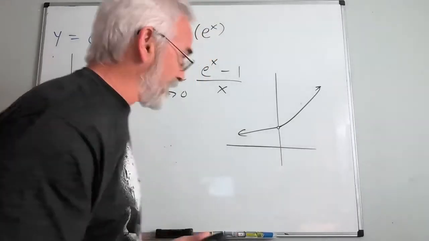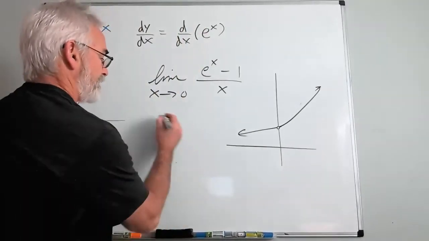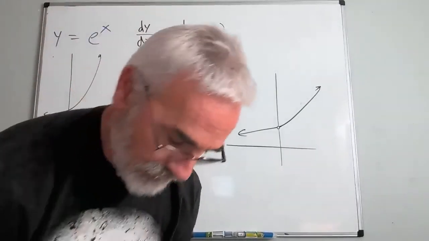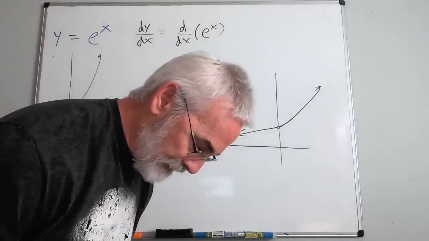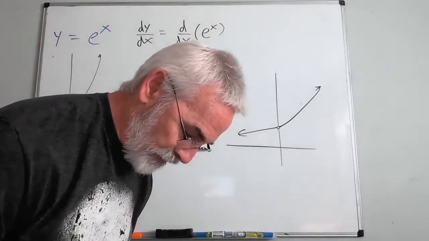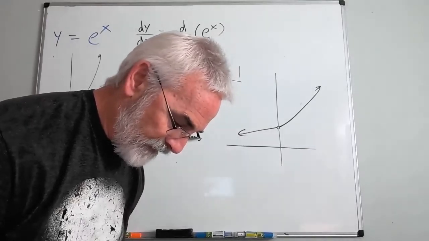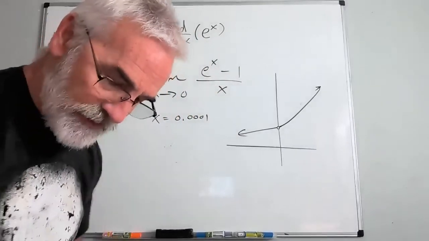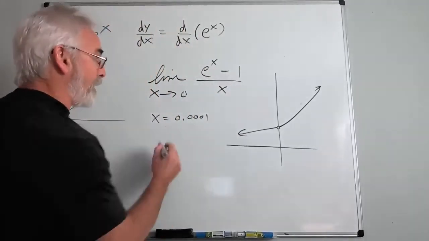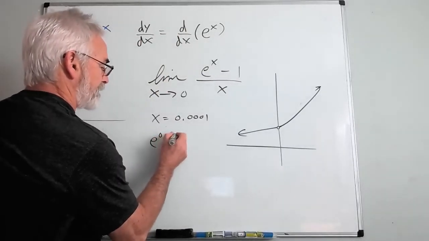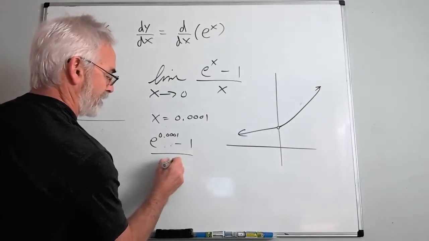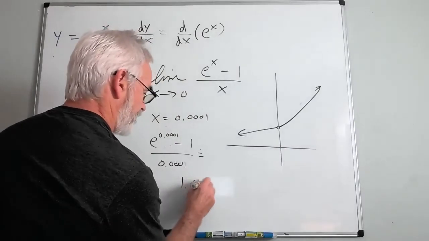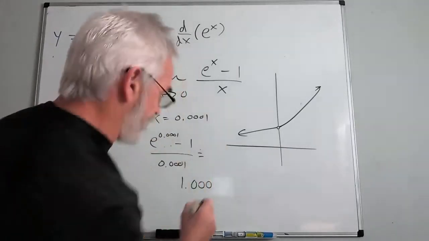So let's let x be 0.0001. So I've got e to the 0.0001 minus 1, divided by 0.0001. My calculator says that this is approximately equal to 1.00005.